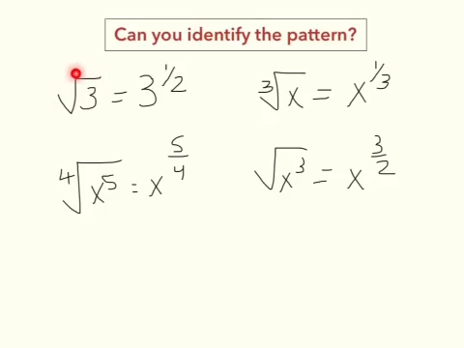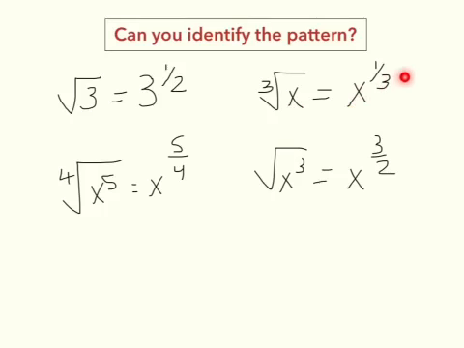And then whatever the nth root is what becomes the denominator in this fraction. So x to the 5th, and then the 4th root, and that's why there's a 4 under here as the denominator. Here's the x with the 1, and then the 3rd root, and that's what goes here on the denominator. So the 3rd root of x is x to the 1/3.